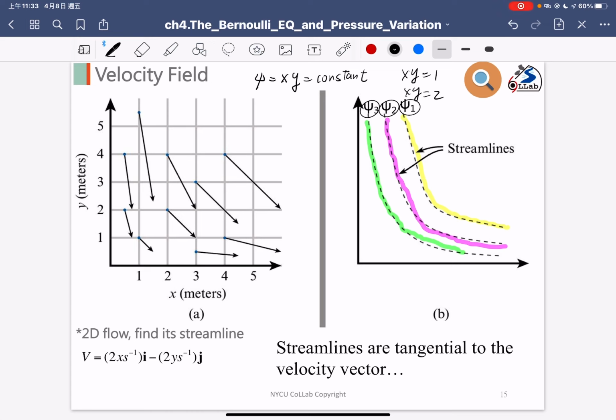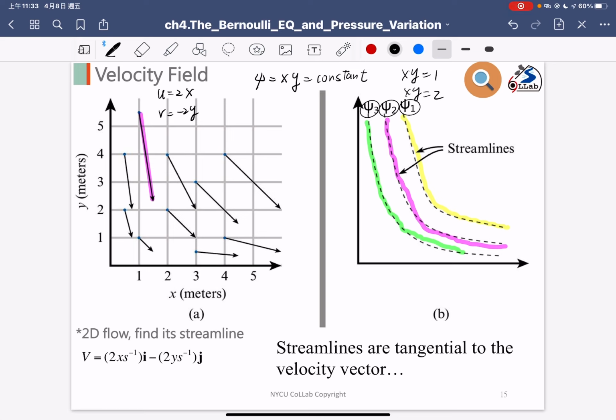Okay, and you can see for each streamline, you can have the local velocity vector. So this is our local velocity vector. And how can we determine the velocity vector in here? Because we know that u is 2x, right? And v is minus 2y.